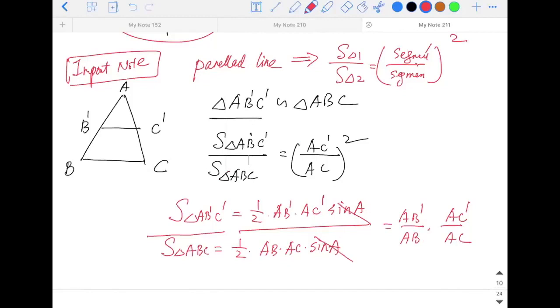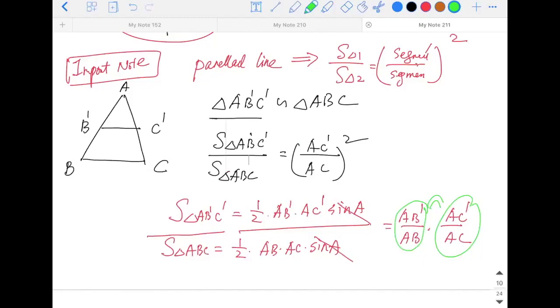Is that right? If two triangles are similar to each other, then AB prime over AB will be the same as AC prime over AC. Do you guys follow me?